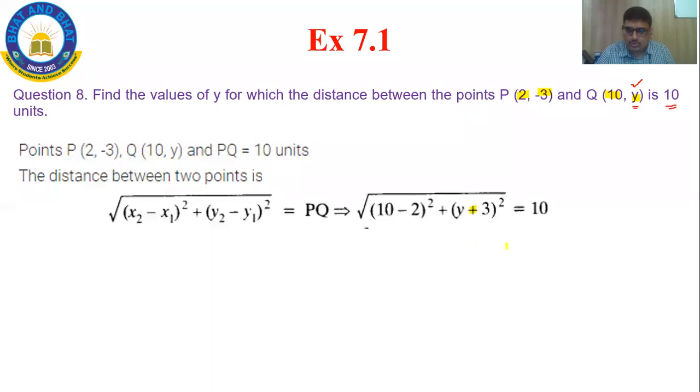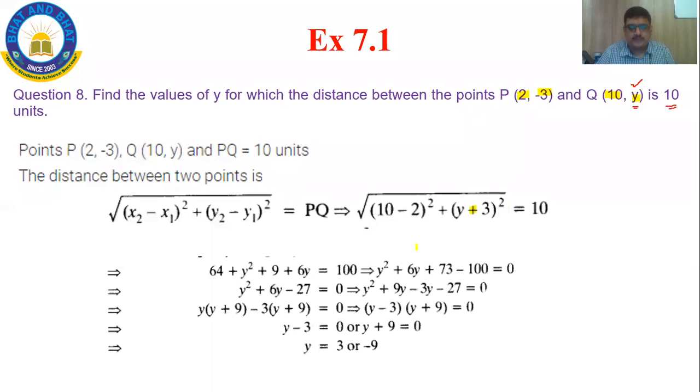Then what do I have to do? Obviously I cannot calculate the square root of this, but the easier way is squaring on both sides. So I will square on both sides. 10 minus 2 whole square is 8 square, that is 64, plus y plus 3 whole square.